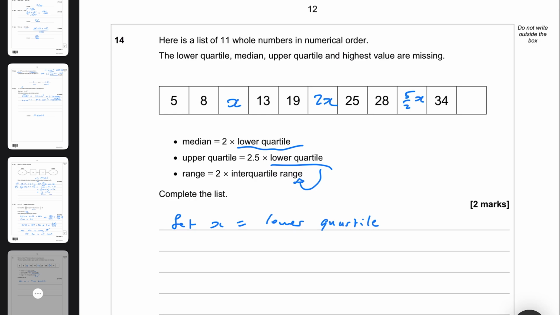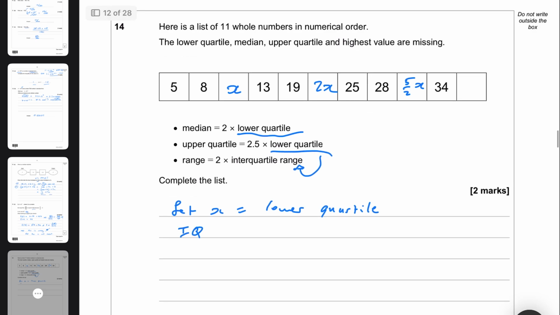So the interquartile range is equal to the upper quartile minus the lower quartile, which is 5 over 2 x minus x, which is equal to 3 over 2 x.